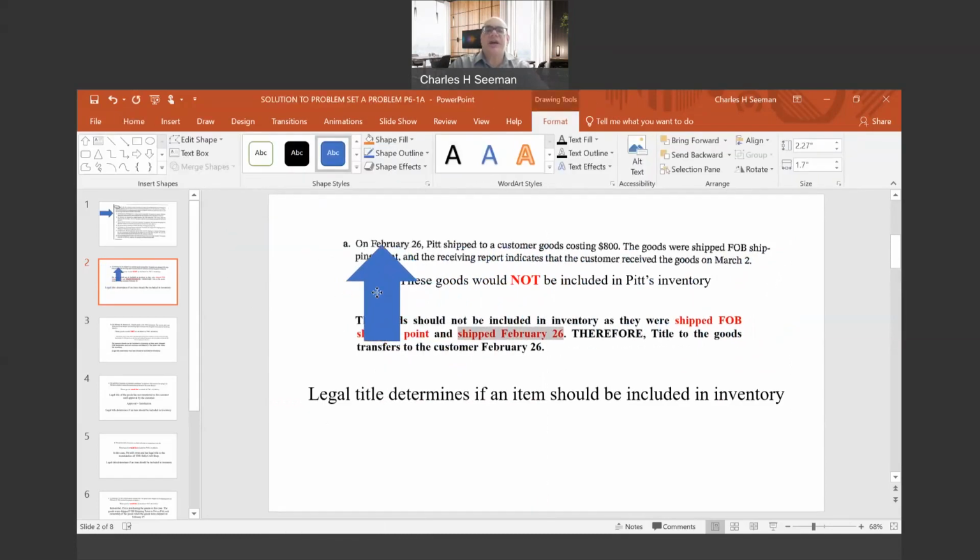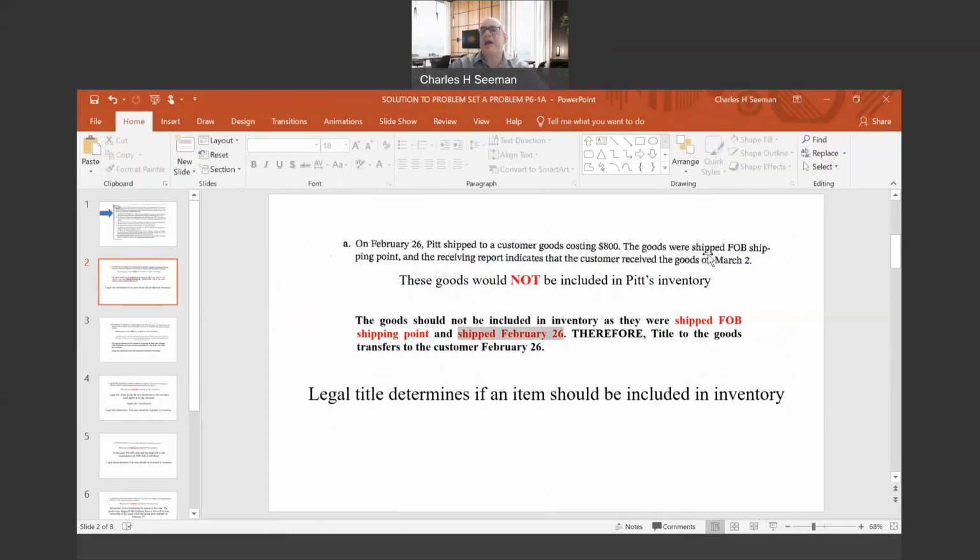So on February 26th, title to the goods transferred to the customer. So Pitt doesn't own them on February 28th. These goods would not be included in Pitt's inventory because Pitt doesn't own them anymore. The goods should not be included in inventory as they were shipped FOB shipping point and shipped February 26th. Therefore, title of the goods transferred to the customer on February 26th.